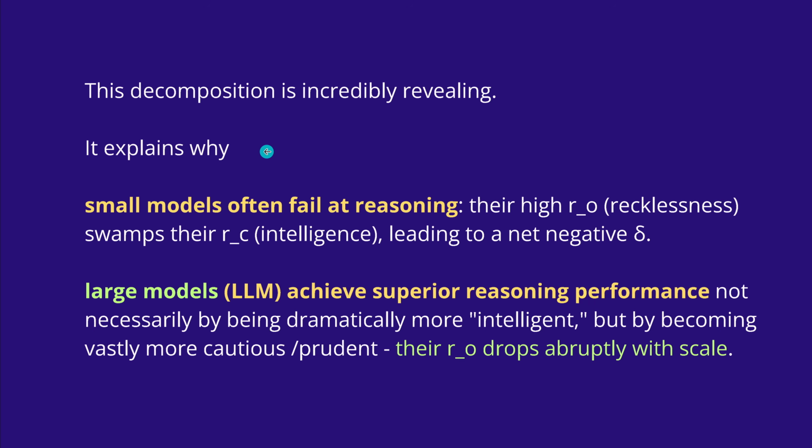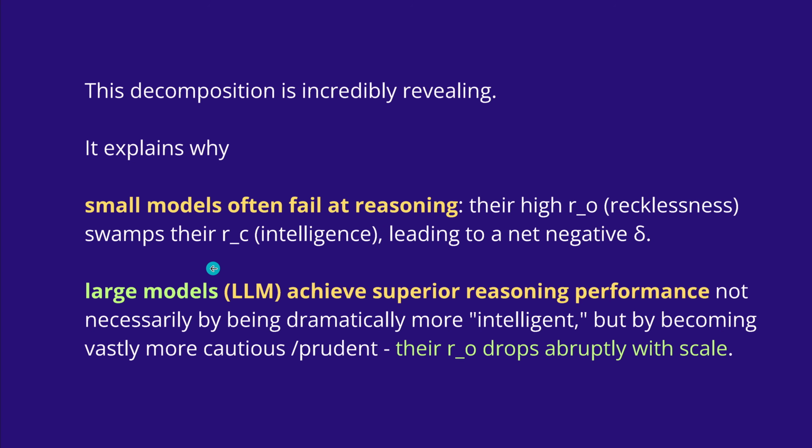Because now it explains why small models often fail at reasoning. And I thought, hey, it fails because those are rather small models, a 1.5 billion model. Now it turns out that there is a very particular effect if you have this decomposition of delta. It means that there are high rates of, let's call it, recklessness, swamping their intelligence, leading to a net negative delta.